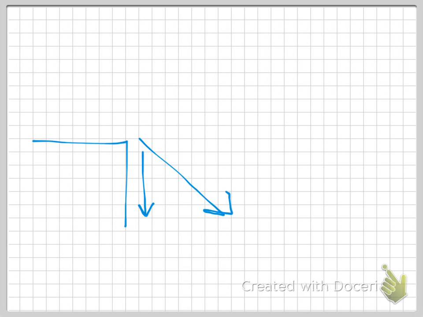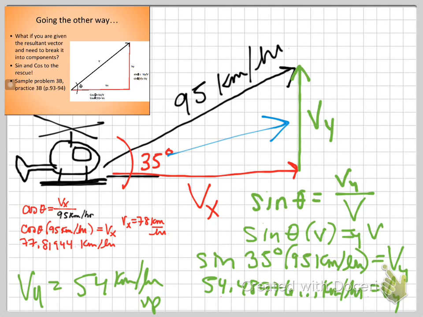So let's go back to the helicopter and ask, why did I instinctively draw it that direction? Well, this is given as a positive. So my brain says, oh, it's positive motion. It's got an x and y component. It goes in the first quadrant.